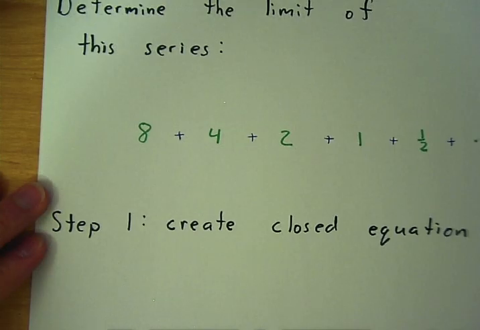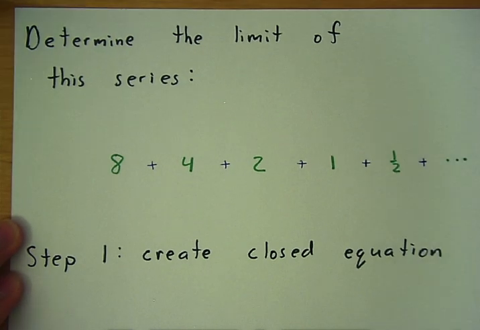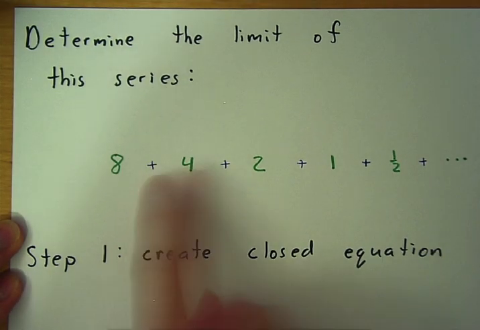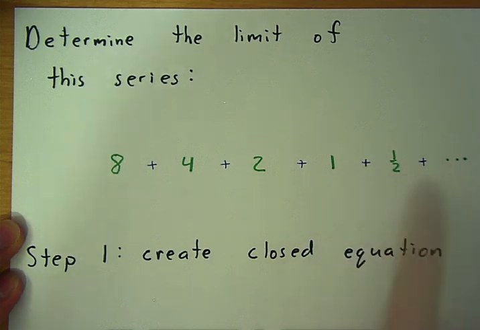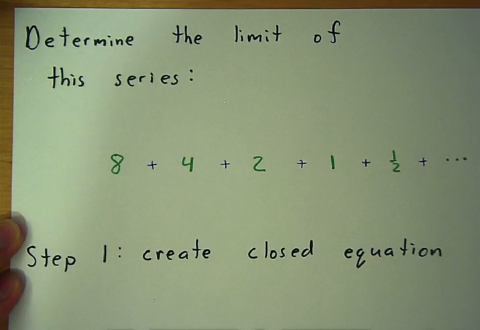Okay, let's try a series. So let's say we have this series right here, and the word series means we're adding them together. So you're asked to determine the limit of this series.